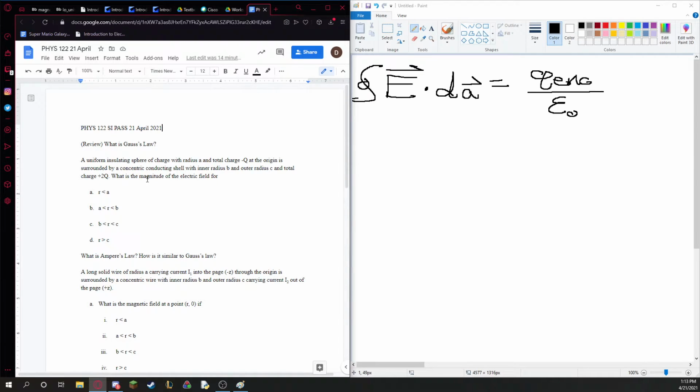Yep, Ampere's law is the integral of B dot product dl. And what does it end up equaling?